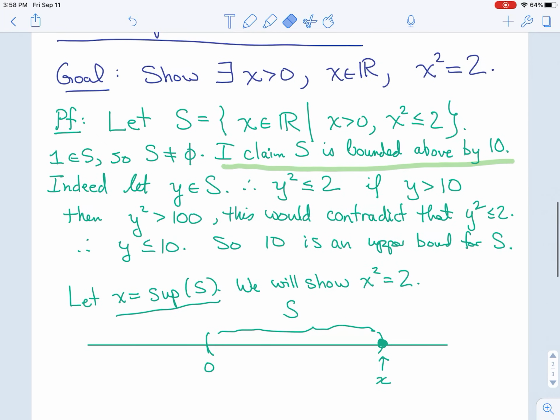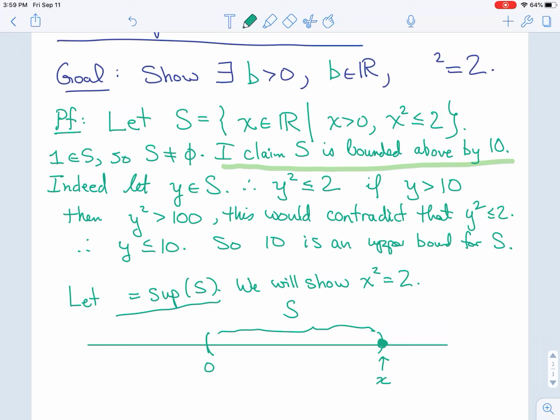And actually, I am going to change one thing now, and I'm going to tell you why. If you notice, when I defined my set S, I used the letter X. And X is just a placeholder. It means I'm looking for those things that are positive and those things that square to give me less than or equal to 2. Because I did that, just in my problem, I'm going to say I'm looking for a number.